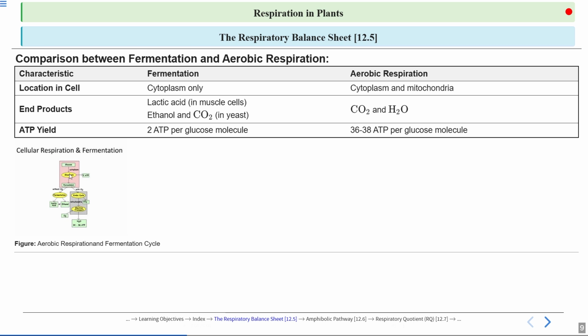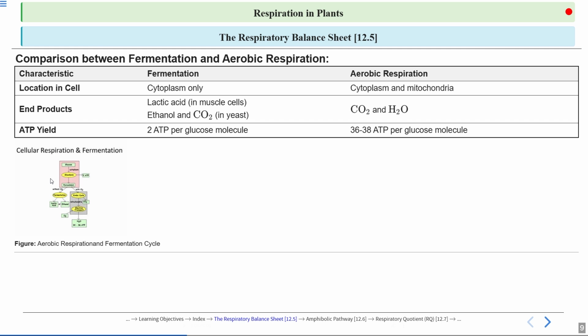If oxygen is present, the pyruvic acid enters the Krebs cycle, and then the electron transport chain, and finally we have production of water and ATP. If we talk about fermentation, the process takes place in the cytoplasm itself. The Krebs cycle takes place in the mitochondrial matrix, and the electron transport chain takes place in the inner mitochondrial membrane.